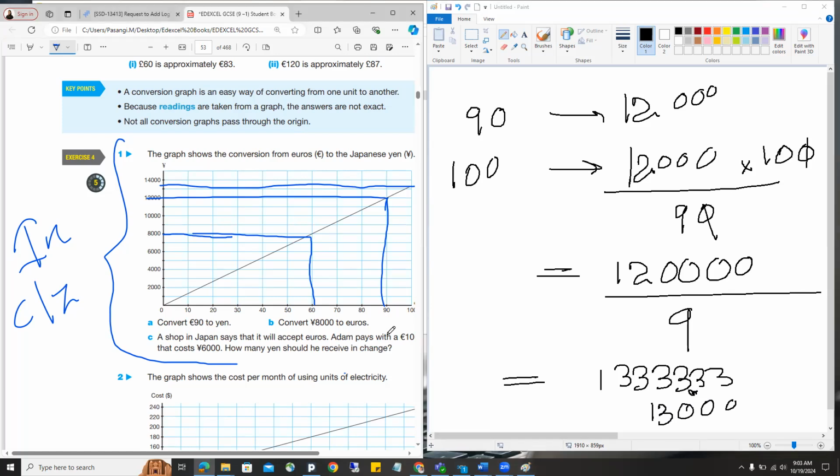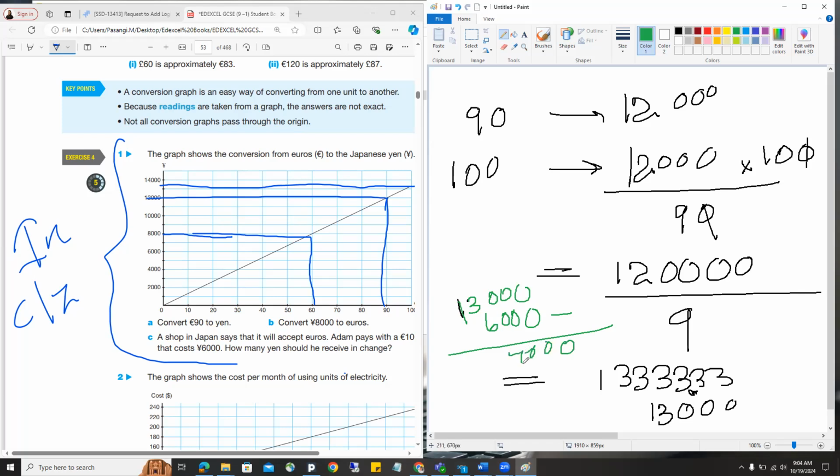If it's 13,000 but the actual cost is 6,000, then we have to get the difference between these two.